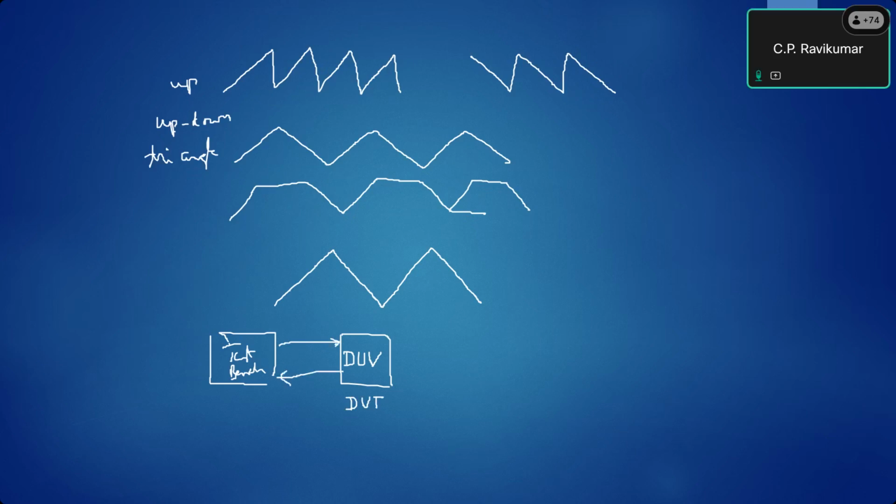The test bench gives signals, and then it looks at the outputs coming from the DUV. It may print out things, and normally the verification engineer will look at the outputs, maybe waveforms.